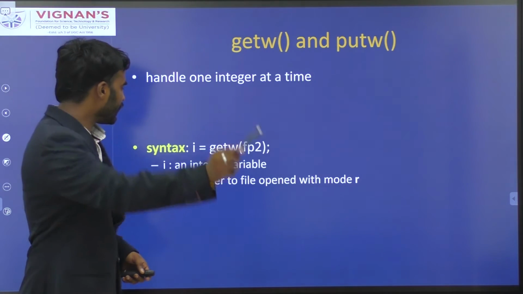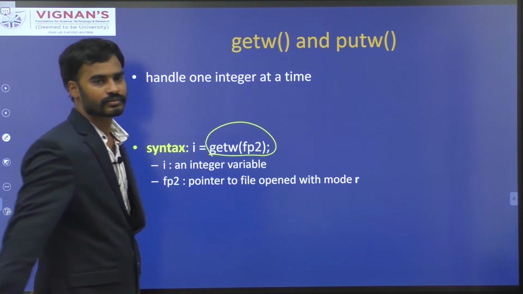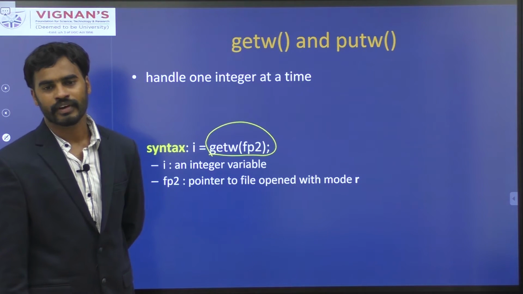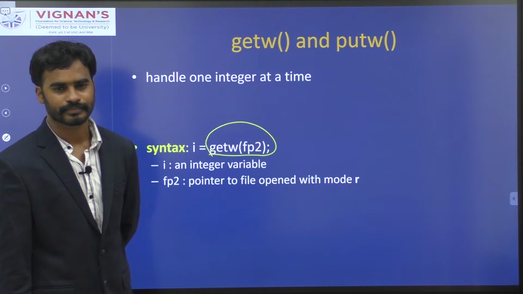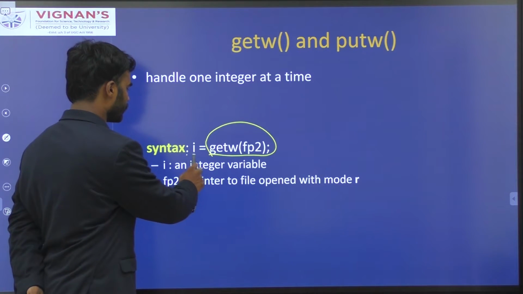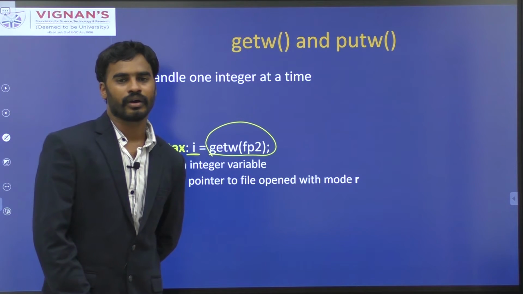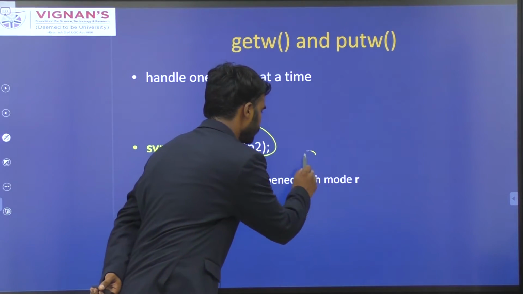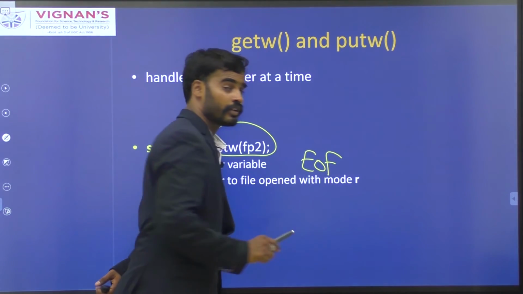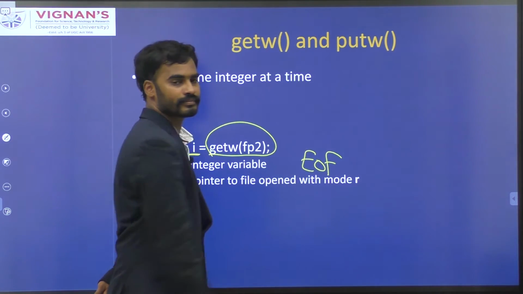The getw function takes one parameter, that is the file pointer, and it returns an integer. If there are no more integers to read in a file, it returns end of file.